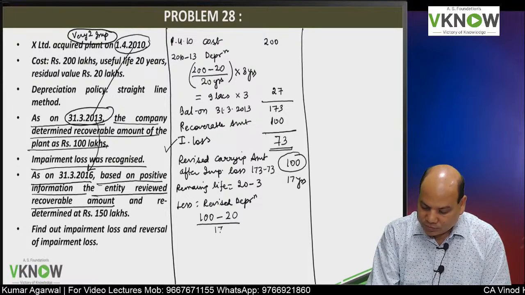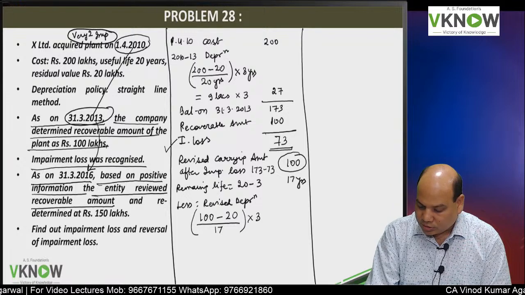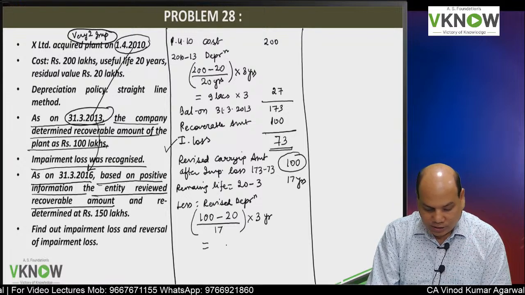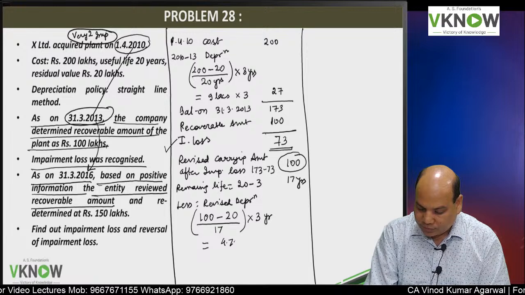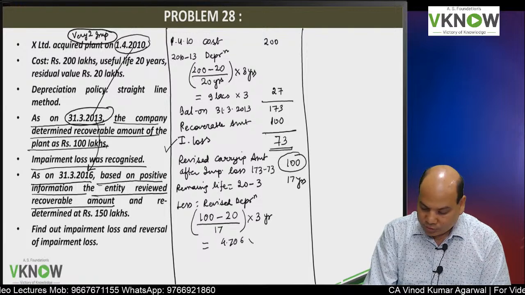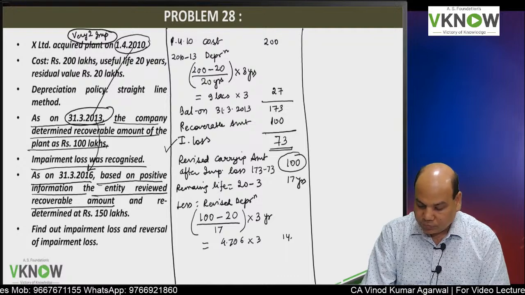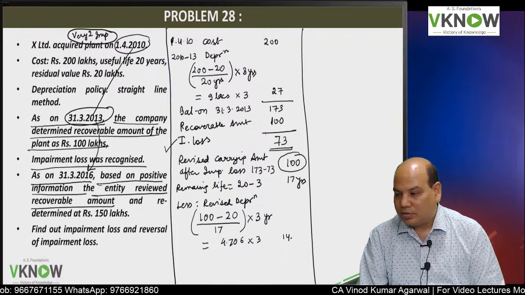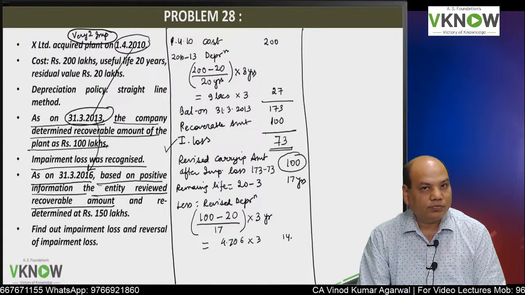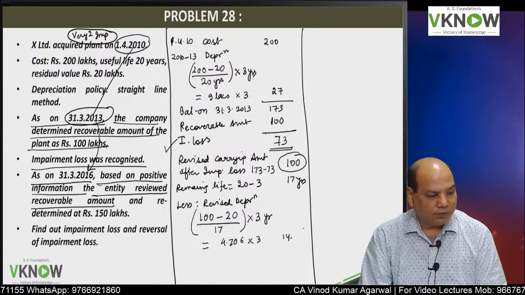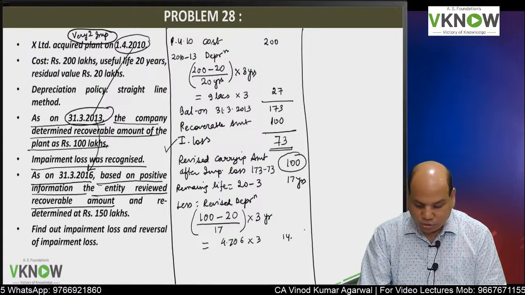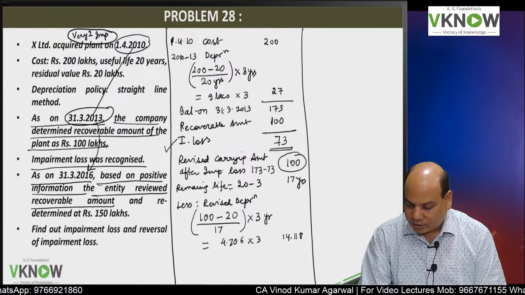Number of years 17, into 3 years. So per year depreciation is 4.706 lakh into 3. So total depreciation provided in the years 2013-14, 14-15 and 15-16 is coming to 14.118 lakh.